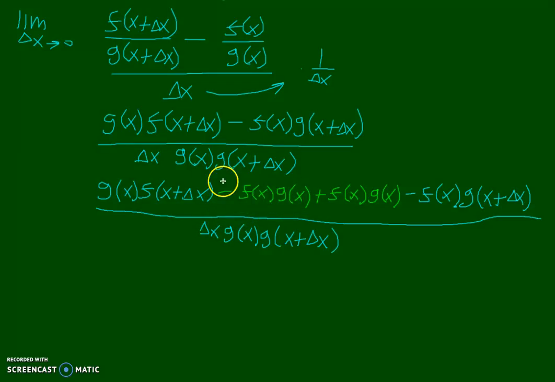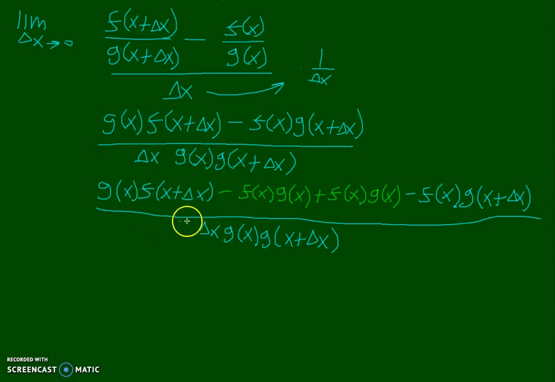With this first pair of terms, we can factor out a g of x, and we're going to have f of x plus delta x minus f of x left over, which when divided by delta x gives us the start of the difference quotient. When we take the limit as delta x approaches 0, that gives us f prime of x.